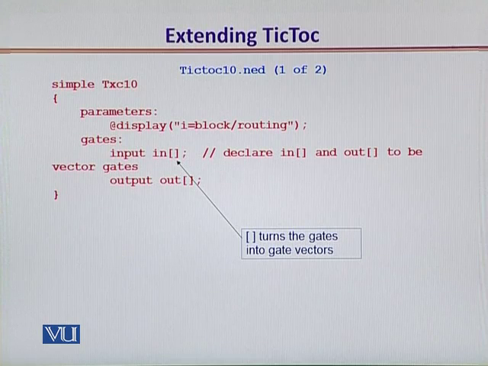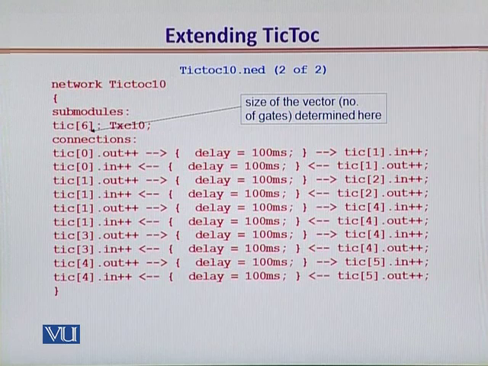Instead, we are declaring vector gates. So vector gates actually means that we are creating an array of gates such that each gate is assigned to a different tick node. That is, if we look at this particular code, here we see that the size of the vector is determined as 6. It means that the total number of gates here are declared as 6.